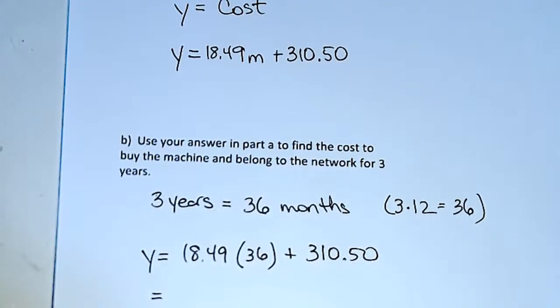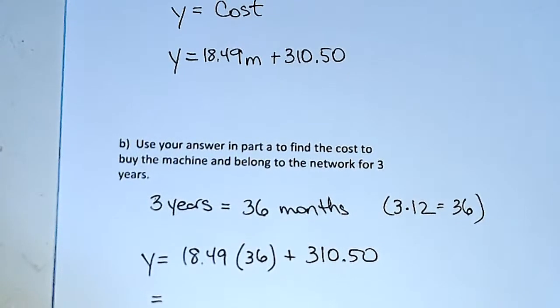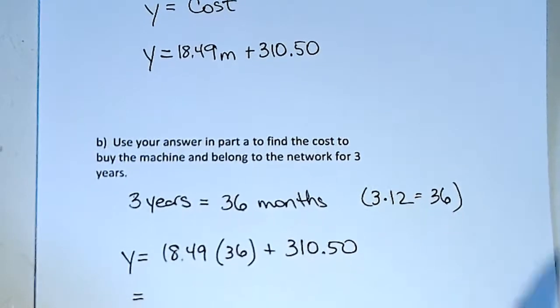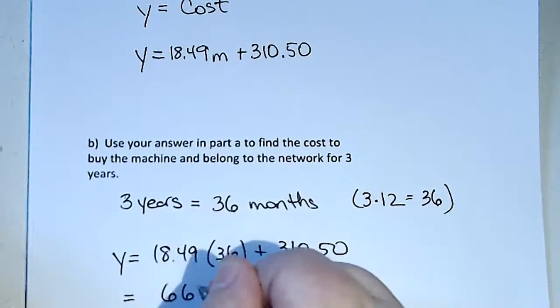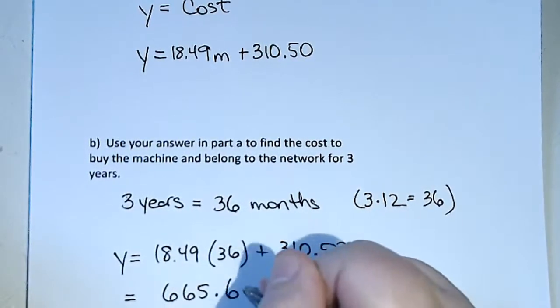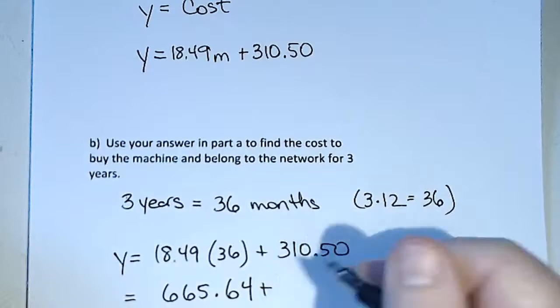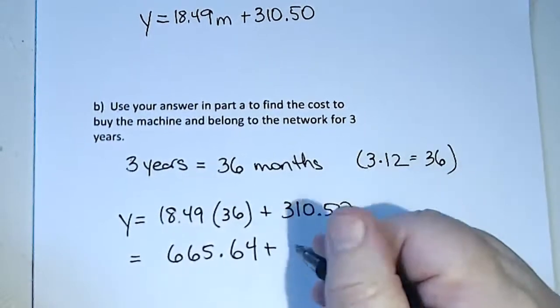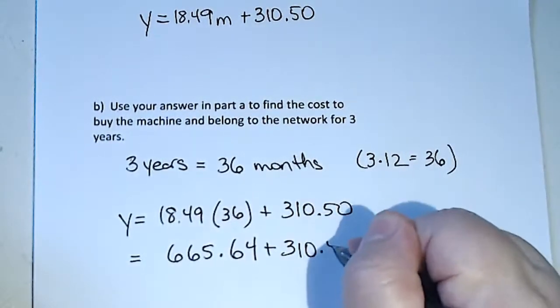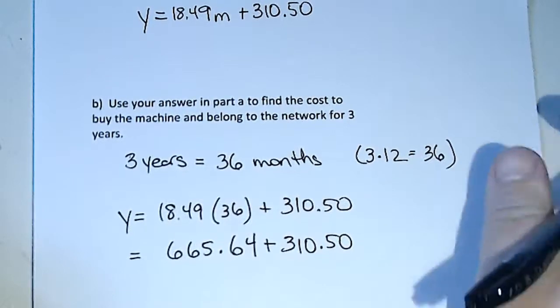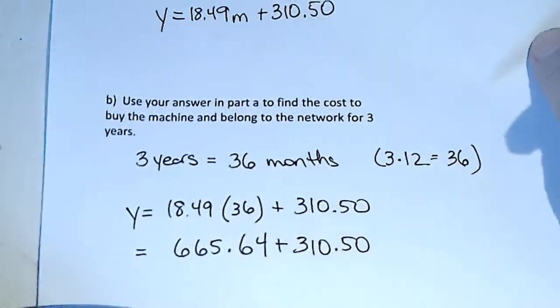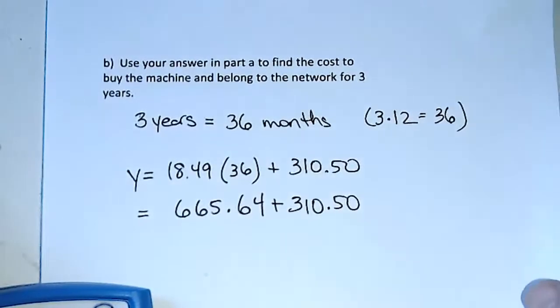On clear. 18.49 times 36 equals, I believe it's 665.64. I hope so, because I'm making a video and there's no way to erase it in the video. I guess I could edit. These things are for YouTube geniuses, not for me.